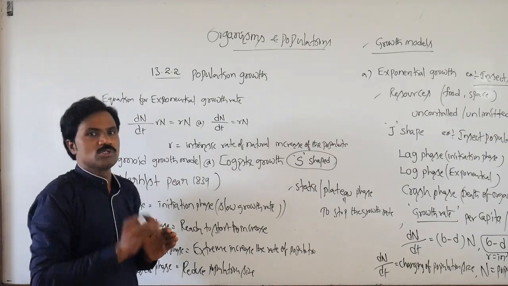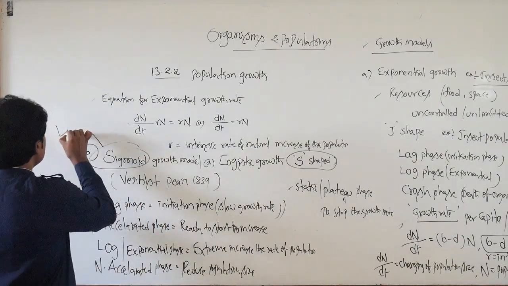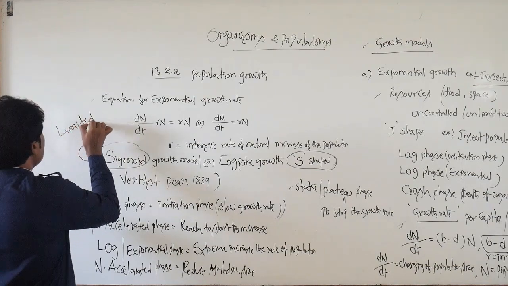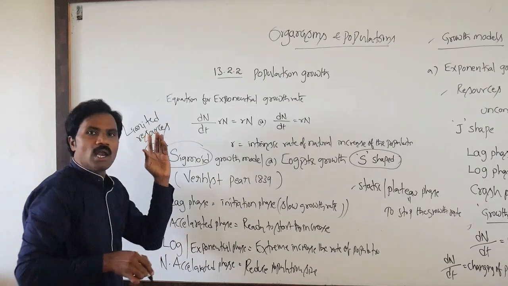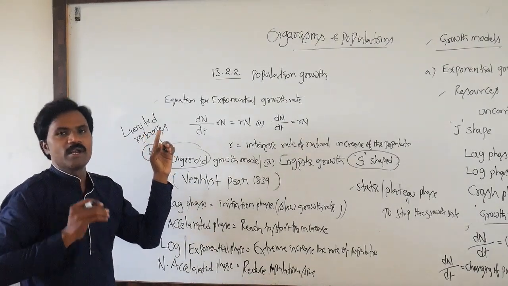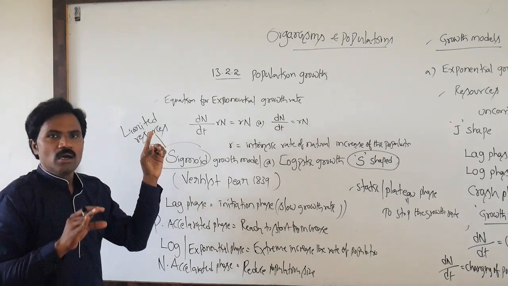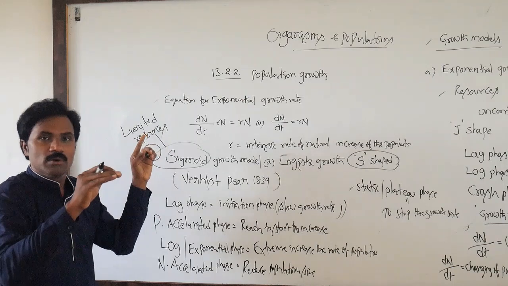So the sigmoid here represents limited resources like food as well as space. Whenever limited, automatically in a specific area it is ready to stop.